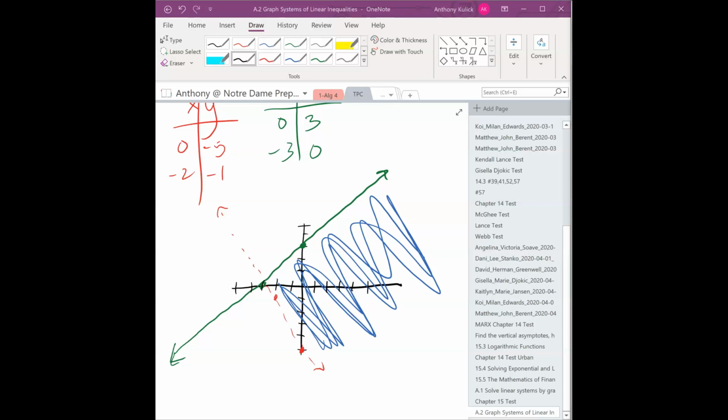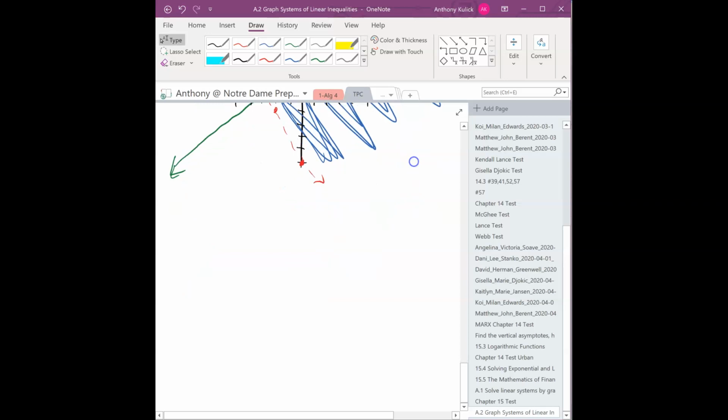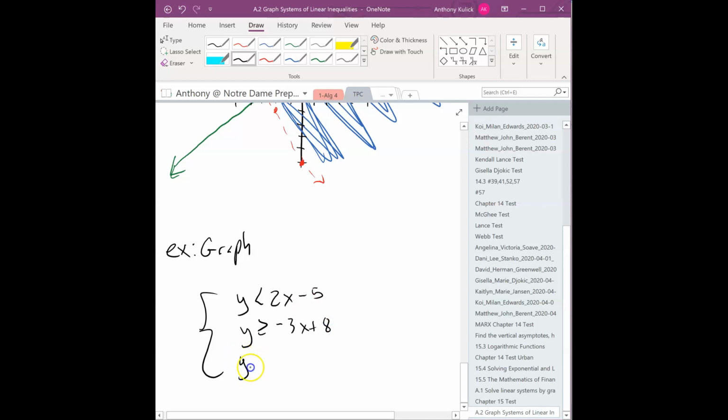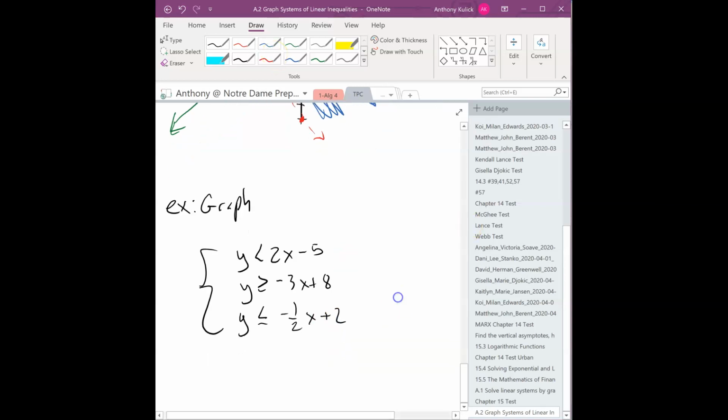Let's look at one more example, and then we'll be done with this section. So first thing I would want to do is put these into slope-intercept form, and they're already all in slope-intercept form, so I don't have to worry about that.